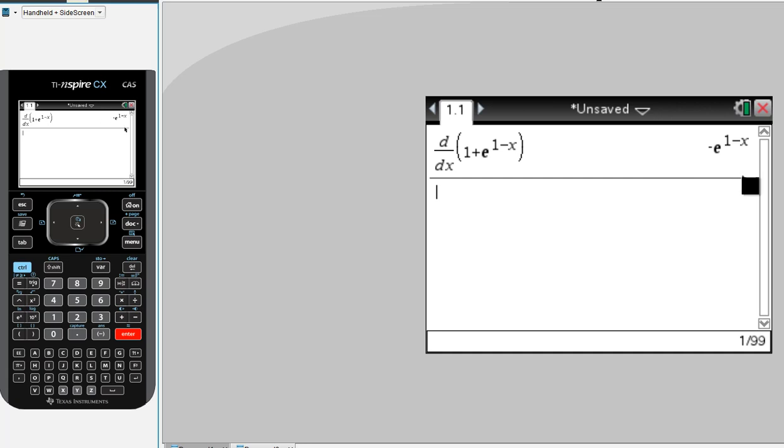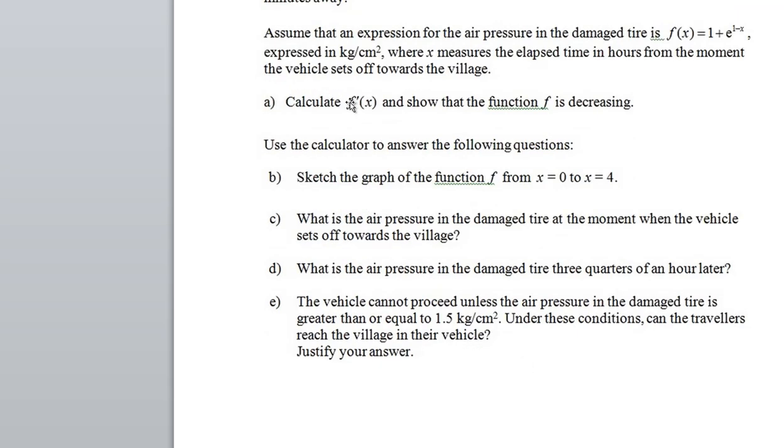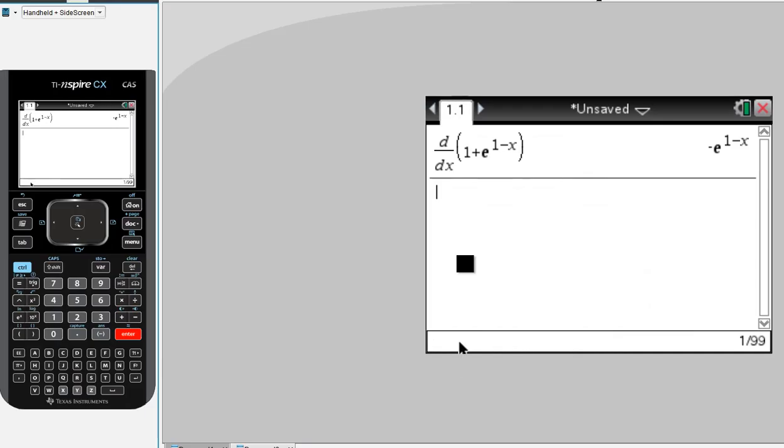So the derivative for any x value is always negative, which means that f is decreasing. A negative derivative means that the function is going down. So we can just write the expression for the derivative: f prime of x is equal to this.